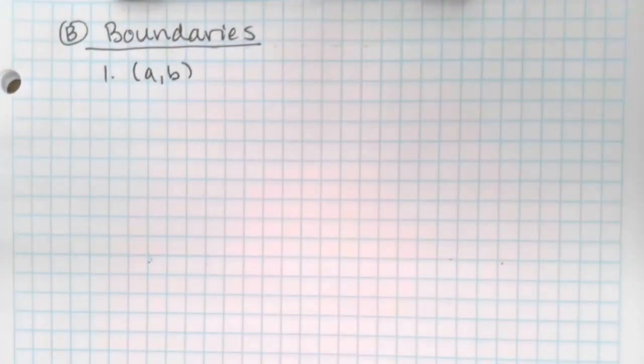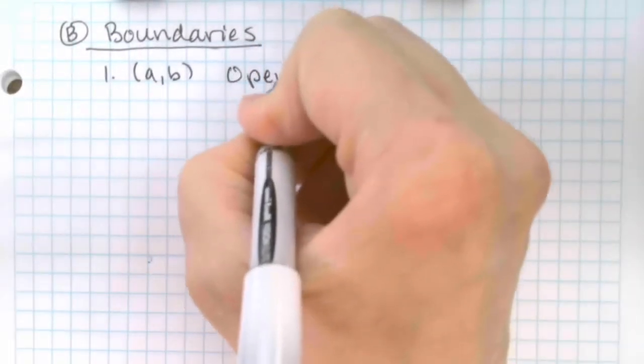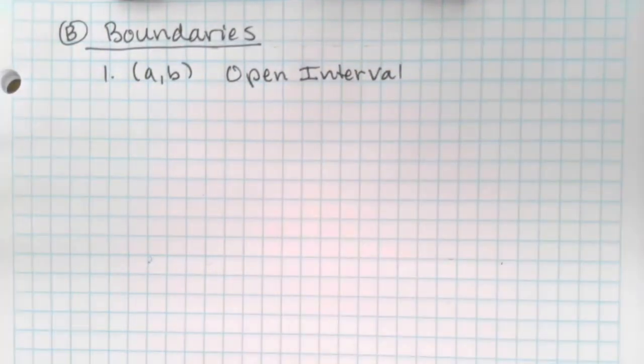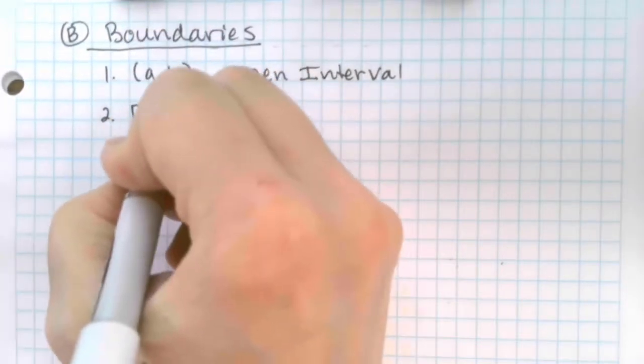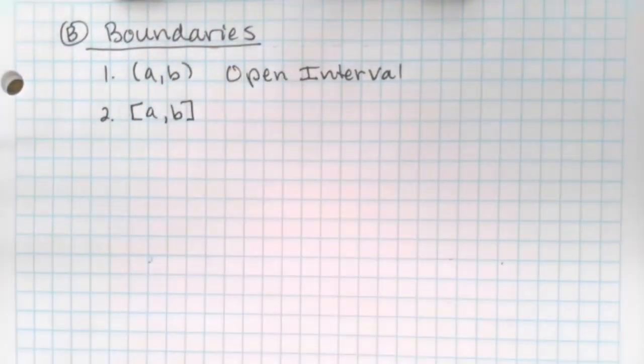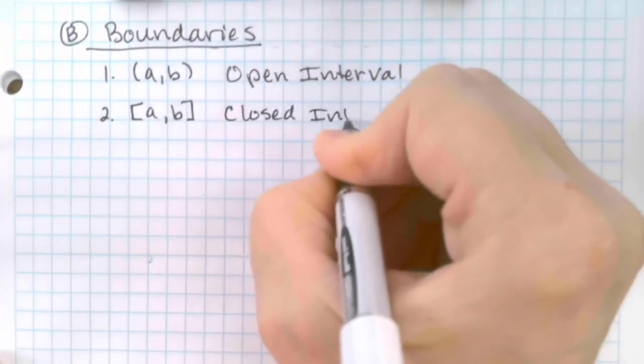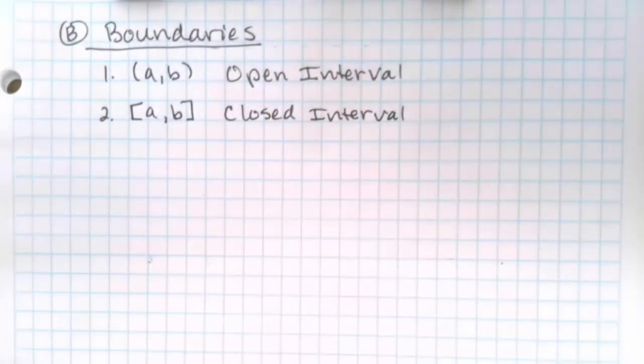(A, B). If both A and B are in parentheses, we call this an open interval, because it is open on both sides. Number 2, if the A and B interval is bracketed, we say it is a closed interval, because both ends are closed.